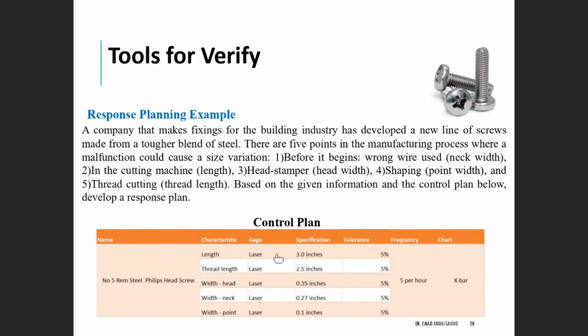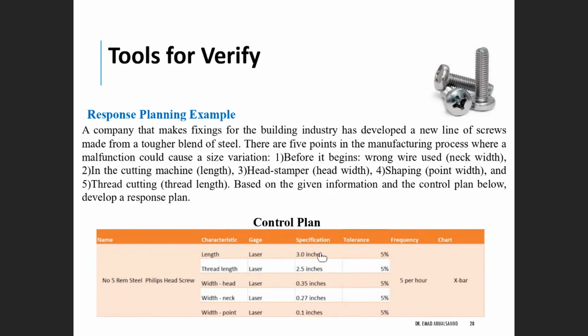And the specification for each one of those, for example, the neck or the head or the length: the specification is 2.5 inches for the thread length, not the whole length of the screw. 3 inches for the length and 2.5 for the thread length. The width is 0.35 and so on. These are technical specifications. Maybe the same dimensions are not applicable to these shapes, but I brought this picture to show you how it looked.